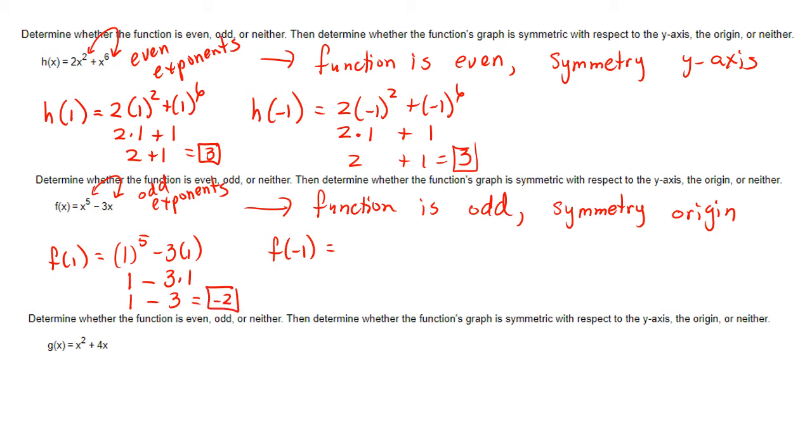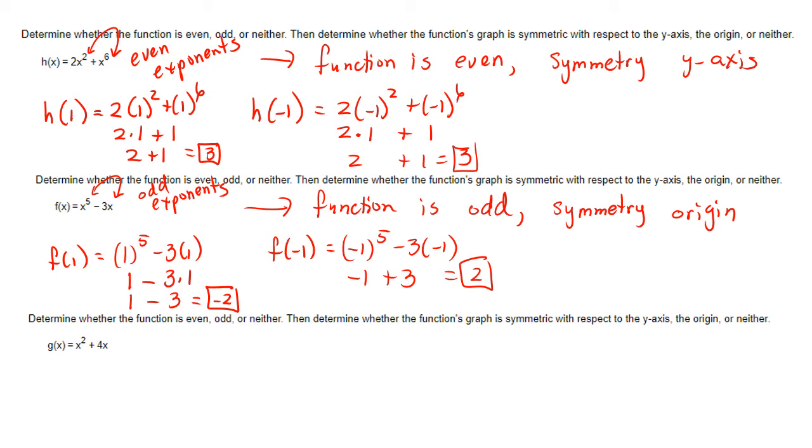If I substitute in negative 1 to the 5th minus 3 times negative 1, then I get negative 1 plus 3, which is positive 2. Notice those are opposite signs. When they're opposite signs, then you do not have even symmetry.